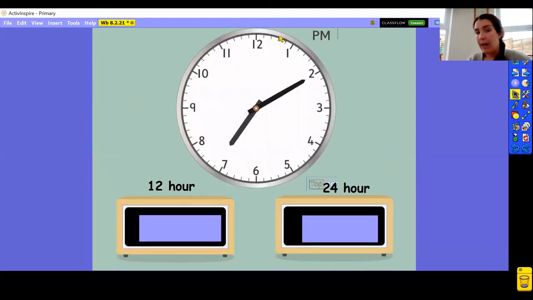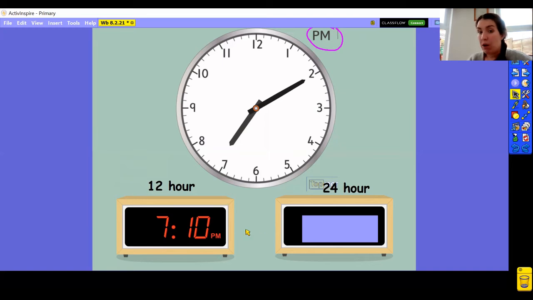So if we have a little look here, we've got another analog clock. Now I can see in this corner here, look, that it actually says PM. And that's important. So the time on the analog clock is 7 PM. So on a 12-hour clock, that doesn't change. It still says 7:10, 10 minutes past 7 in the PM.